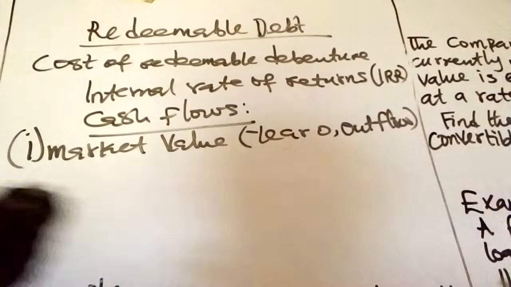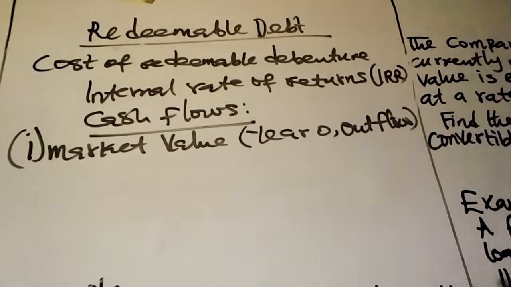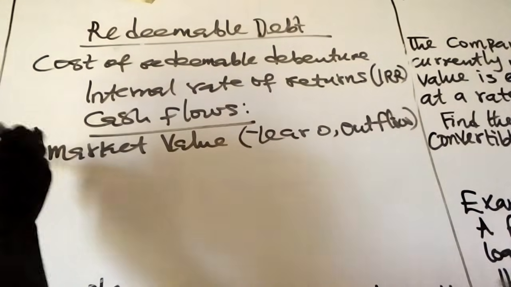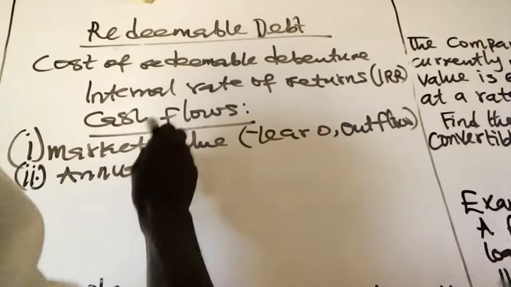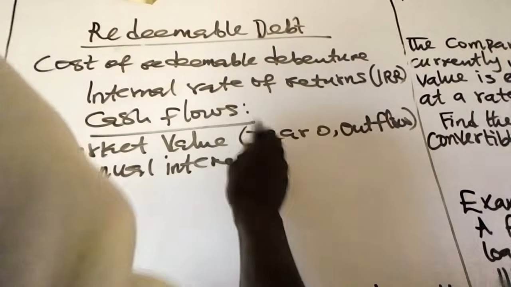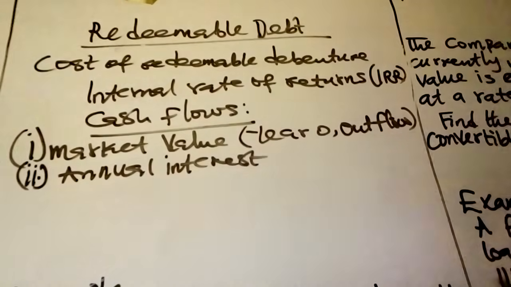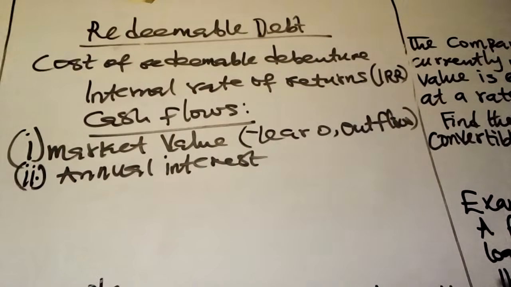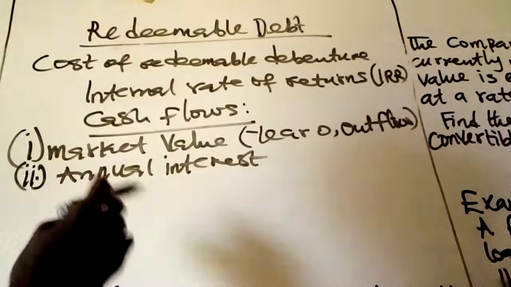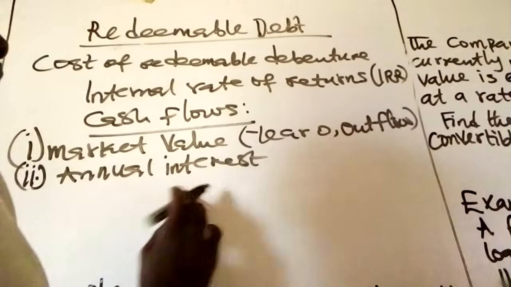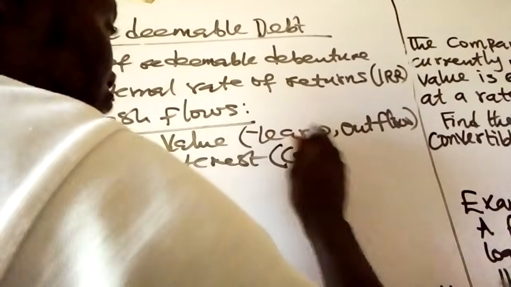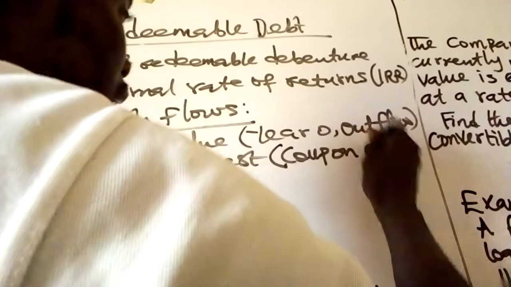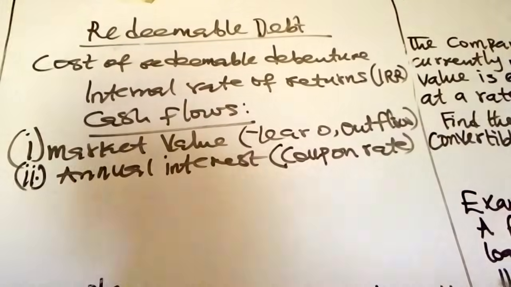Then you will need the annual interest payable till the redemption of the debt. The interest that will be payable annually is calculated using the coupon rate.